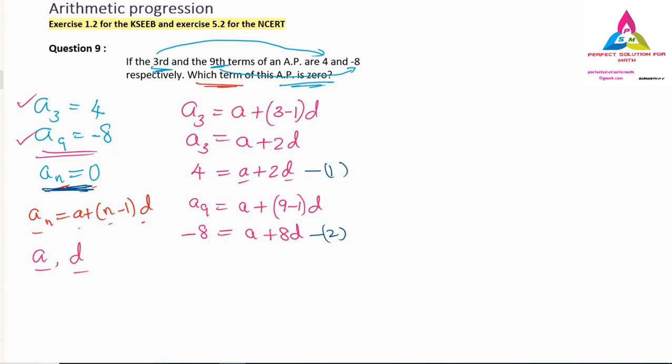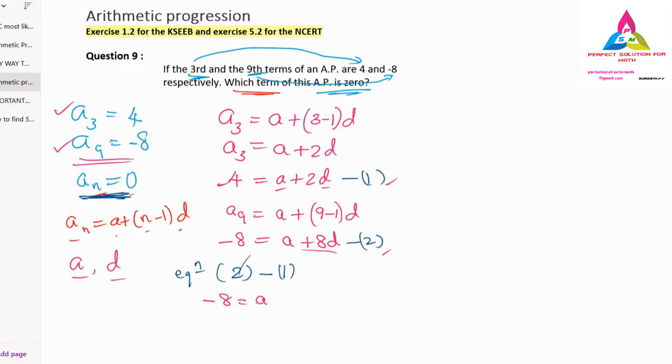So what we have to do next is subtract one equation from the other. So I will do equation 2 minus equation 1. So equation 2 over here is minus 8 is equal to a plus 8d.